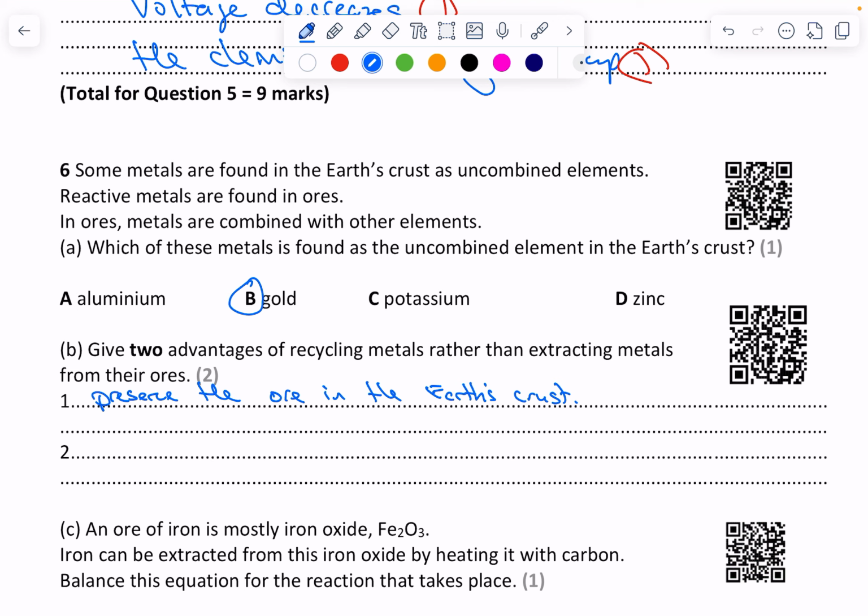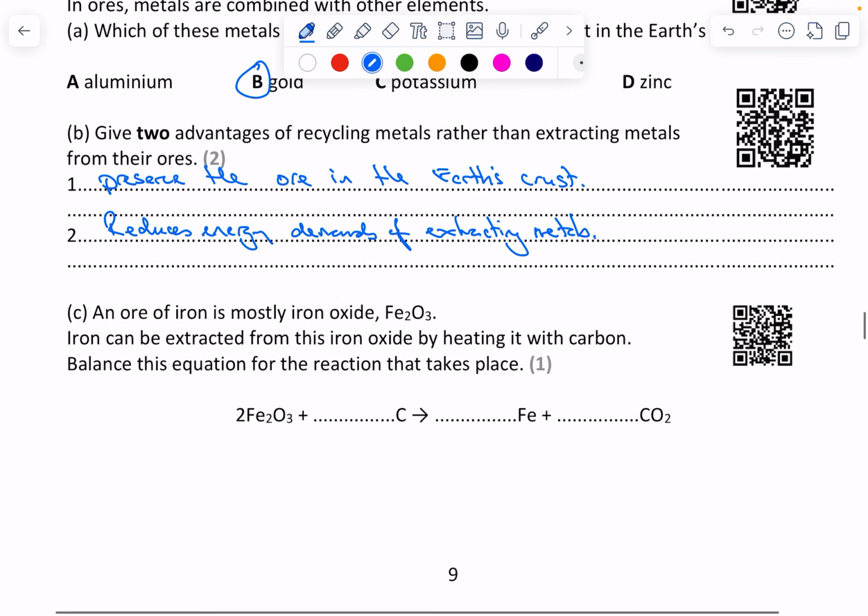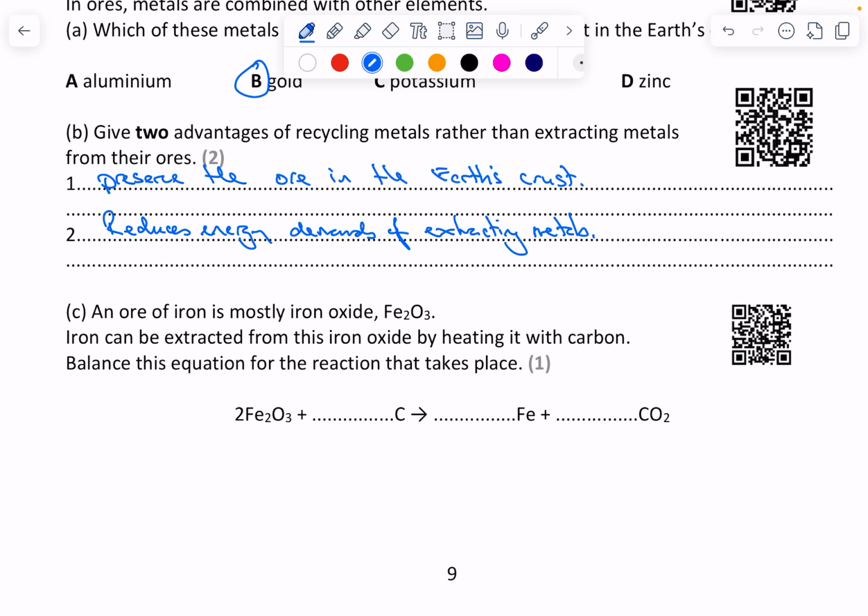And it also reduces the energy demands of extracting metals. That takes a lot of energy in order to extract a metal, and it therefore reduces that energy requirement.